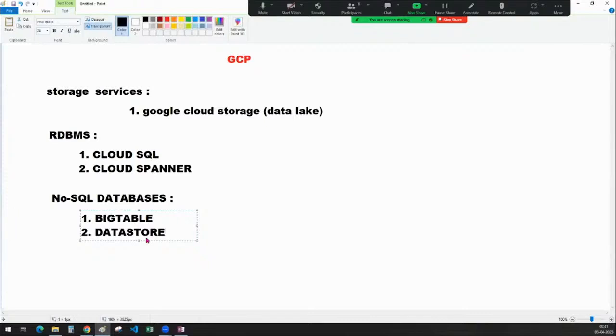So these are the two databases acting as NoSQL databases in GCP. One is Bigtable, one more is Datastore, guys.